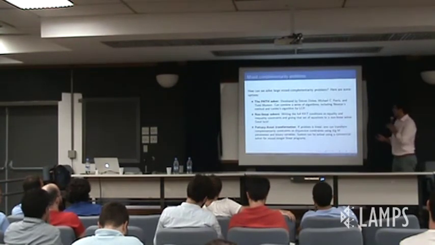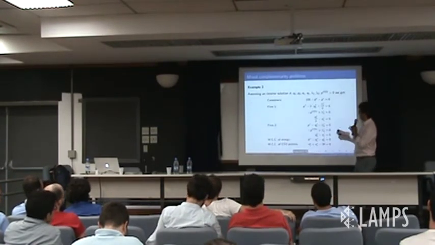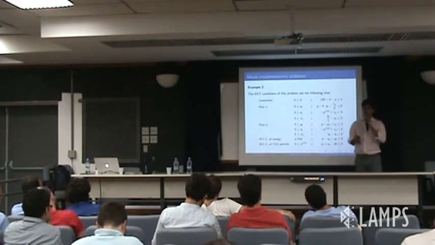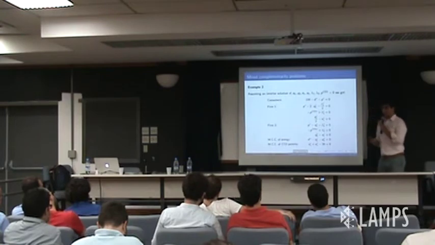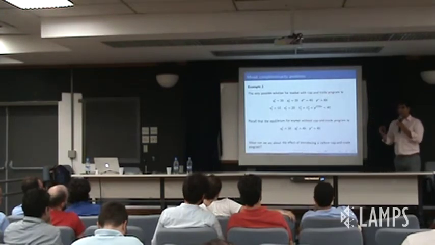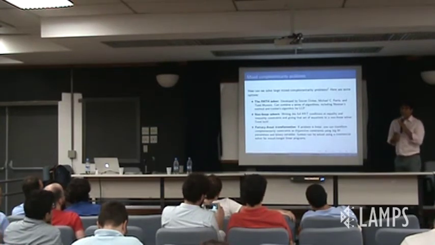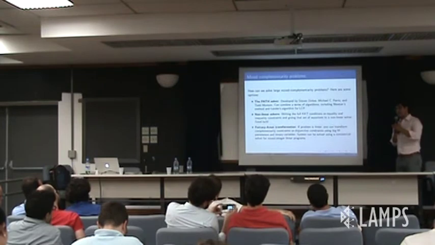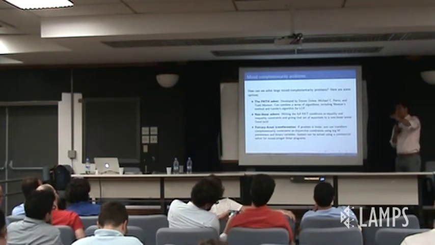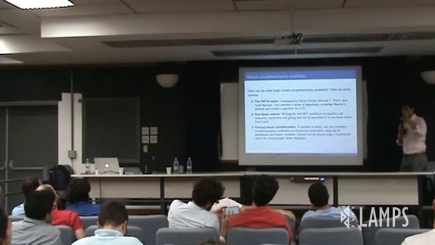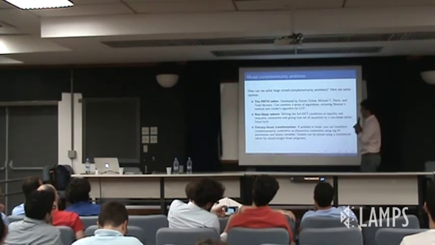Basically, PATH solver takes a set of constraints like this and gives you an answer. It uses an algorithm that's called Lemke, which is like the simplex of mixed complementarity problems. Not very scalable. So it still works. You can make it bigger, but not like million variable bigger. Like thousands of variables bigger. That's it.